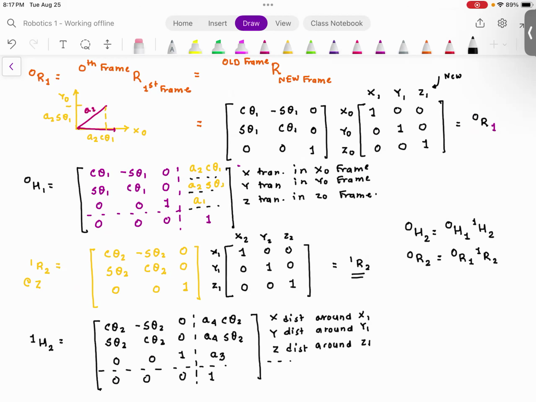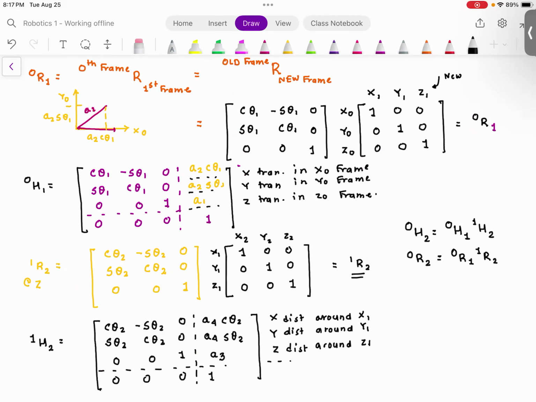And do you agree with me that we have 0H1, we have 1H2, we have 0R1 and 1R2. So what we need to do is perform matrix multiplication. In today's class, I'm going to perform these matrix multiplications by hand.